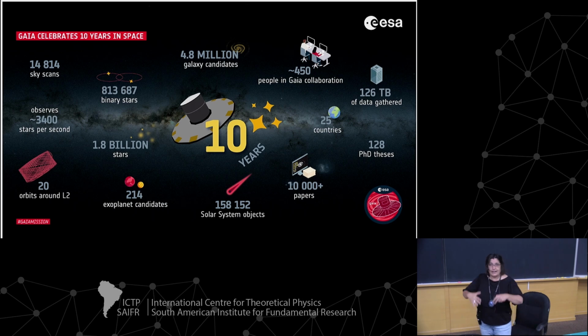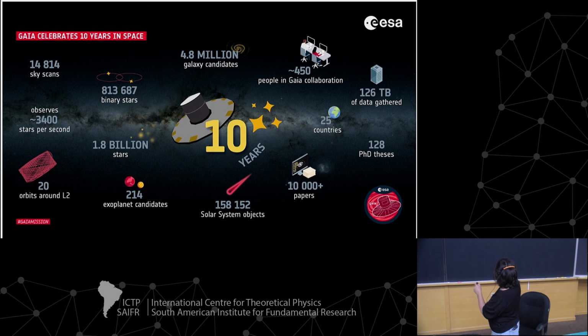Okay, Gaia was launched in 2013, so 2023 was 10 years of Gaia measuring, okay? And amazing, so this was October last year, they made this cartoon calling attention to some things: 1.8 billion stars, 10,000 papers, so you see how difficult it is to give talks nowadays about galactic archeology, because it's crazy.